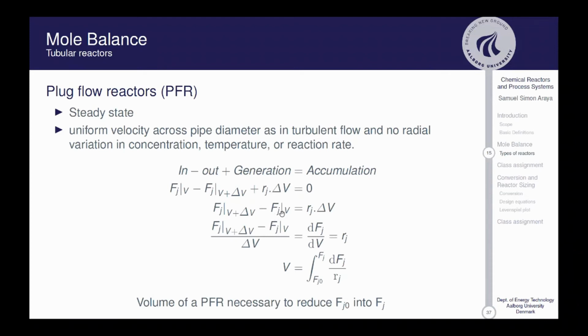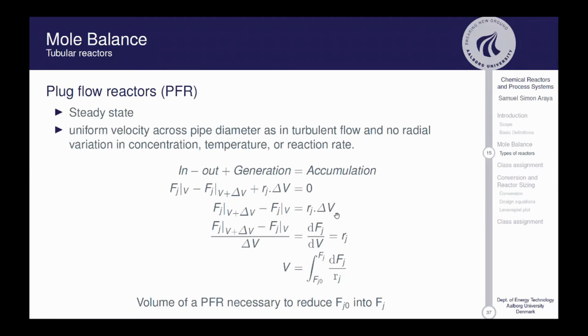And if we just rearrange those, we will have basically the molar flow out of that piece of reactor minus the molar flow into the reactor, equal to, since we switch the minus here and the plus there, the rate of reaction times delta V, the volume of that piece of reactor.